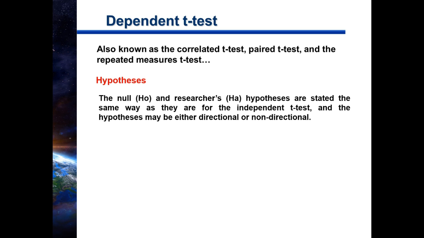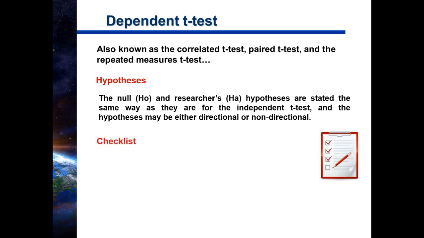As the investigator, the experimenter, you can either say that mu1 is going to be greater than mu2, or vice versa, and that would be directional. Or you can just simply say, hey, look, the means are going to be different, so mu1 is not equal to mu2. We've gone through that before, but I just wanted to make sure that you knew that these hypotheses are the same as for the independent t-test.